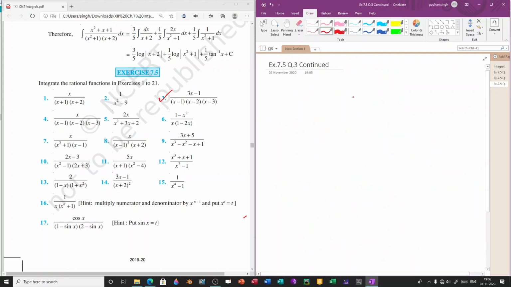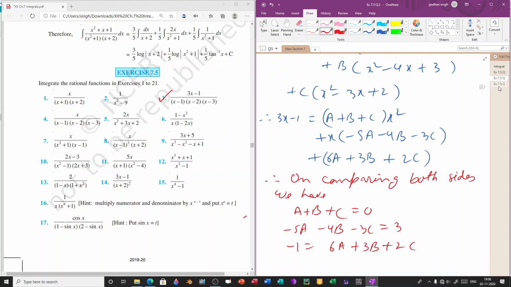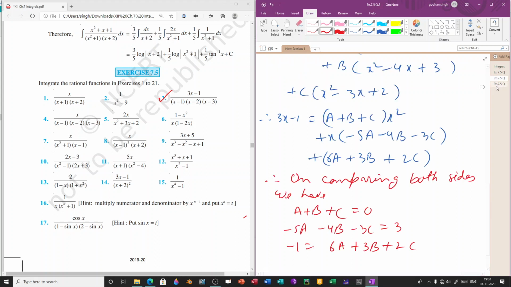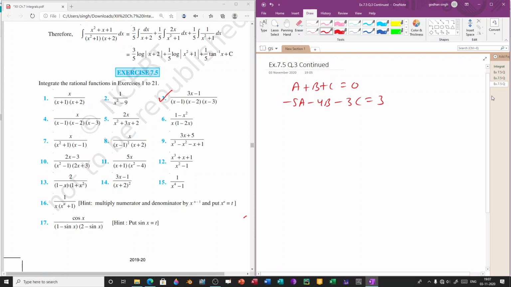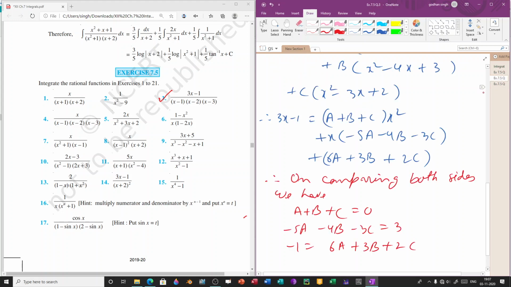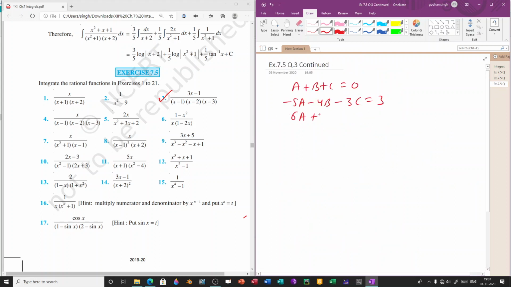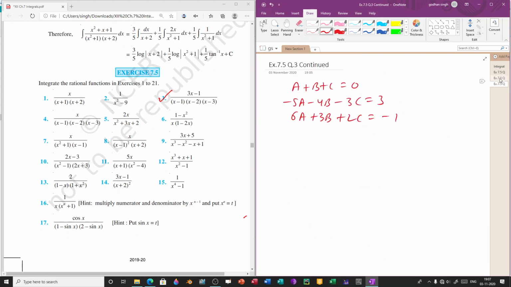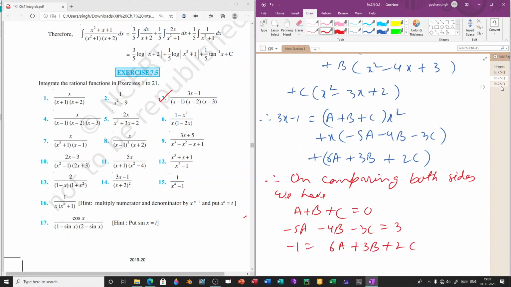So we'll be getting here a plus b plus c equal to 0, and minus 5a minus 4b minus 3c equal to 3, and 6a plus 3b plus 2c equal to minus 1.